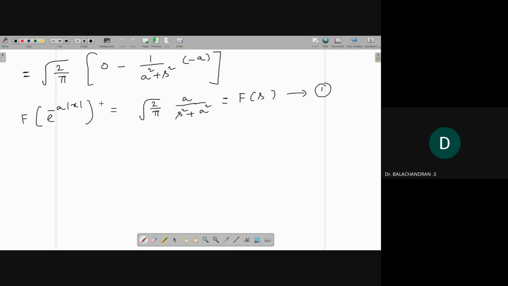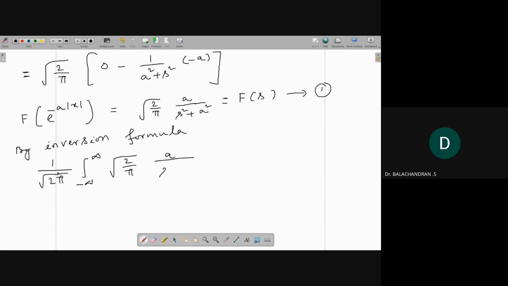I am going to use the inversion formula. So what is the inversion formula? 1 by root 2 pi, integral from minus infinity to plus infinity of f of s, where f of s is root 2 by pi into a by s square plus a square, into e power minus isx.